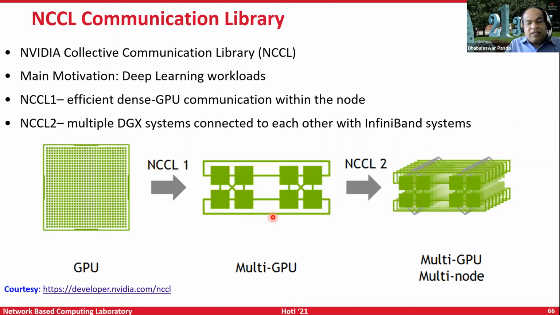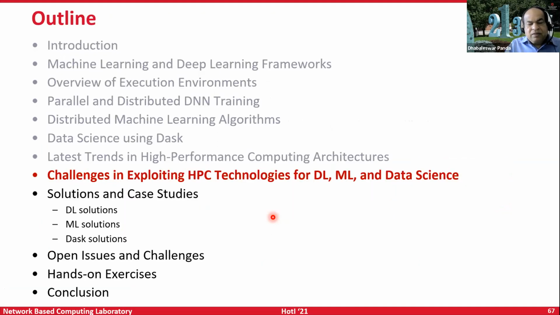And in fact, in some of the case studies in the next section, we'll try to actually compare with NCCL. And we can show that MPI-driven solutions can actually deliver better performance and scalability compared to even the NCCL-based solutions.